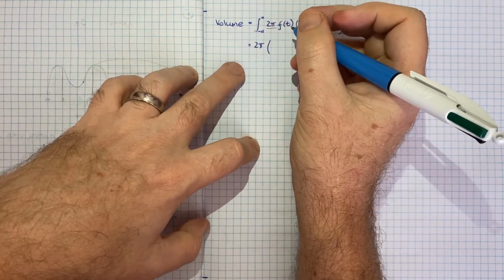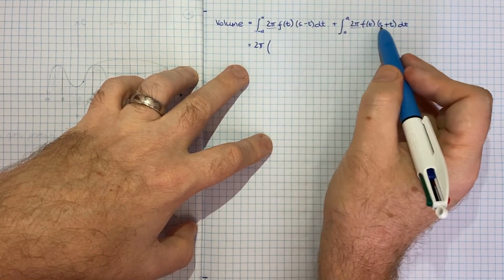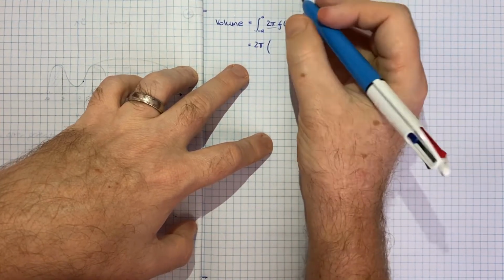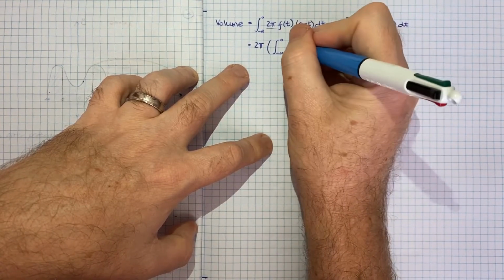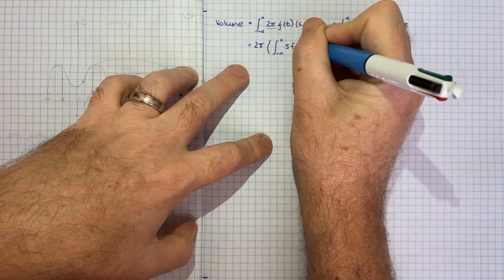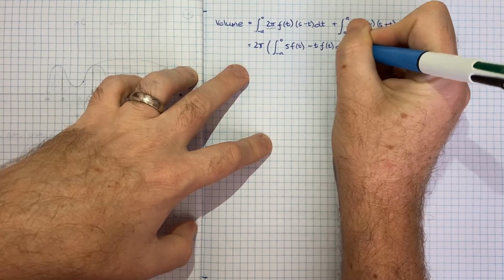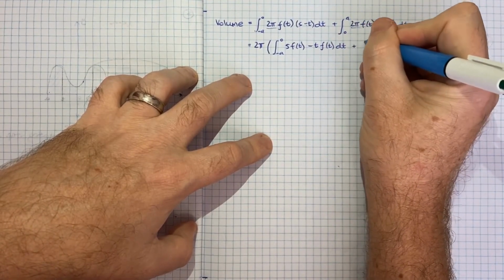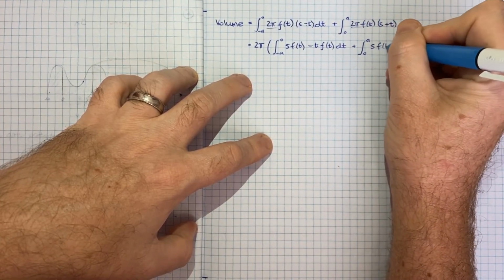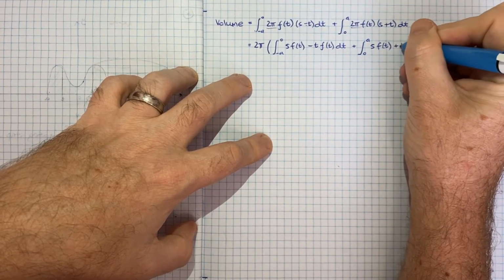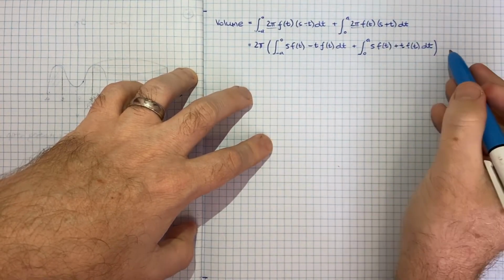And then if I now just expand each of these, the s minus t and the s plus t, we'll get the integral from negative a to 0 of s times f of t minus t times f of t dt, plus the integral from 0 to a of s times f of t plus t times f of t dt, and that's all within the brackets.